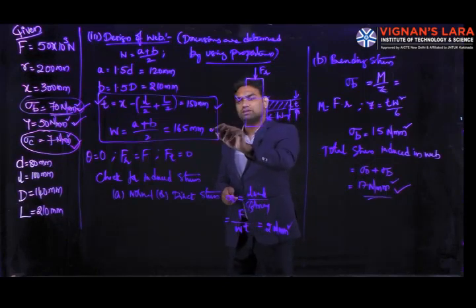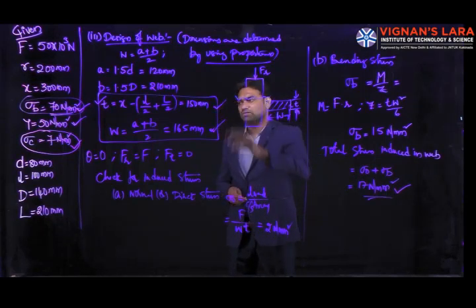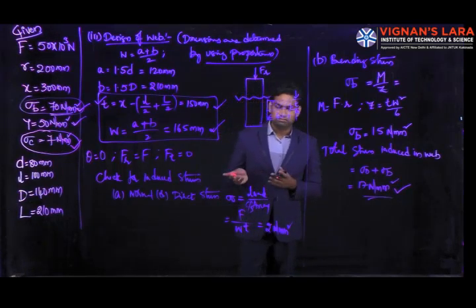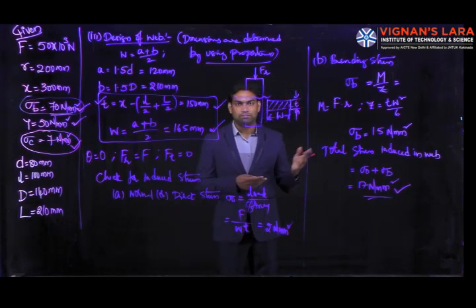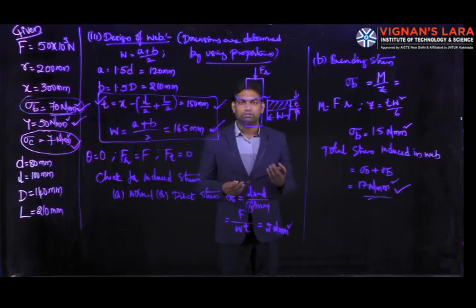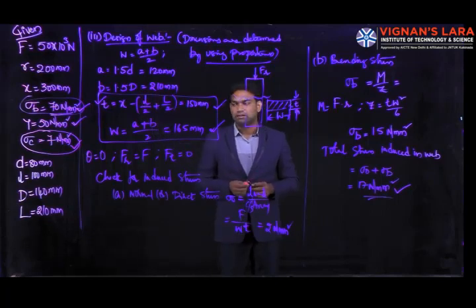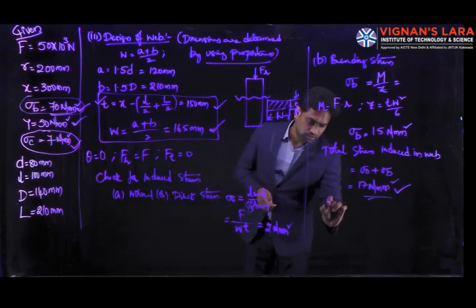Which means whatever dimensions we specified for the web will withstand the normal stress as well as the bending stress. The dimensions are safe without failing, and will support the maximum load at the maximum torque position. You can also mention that statement here.